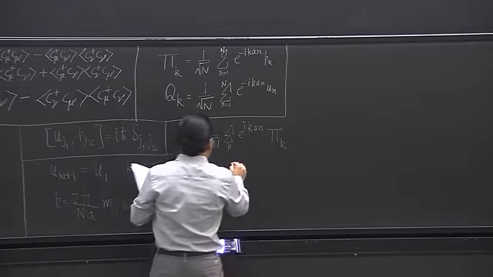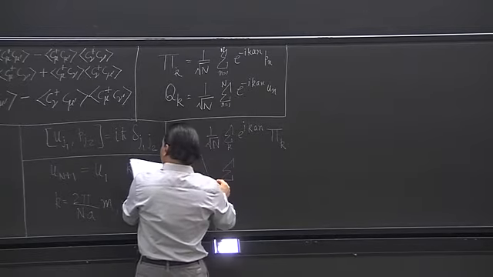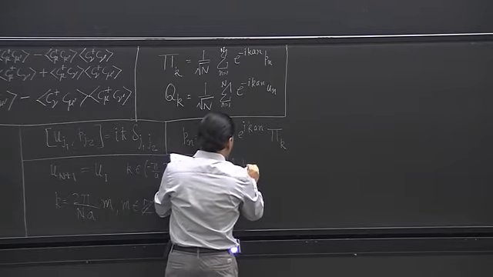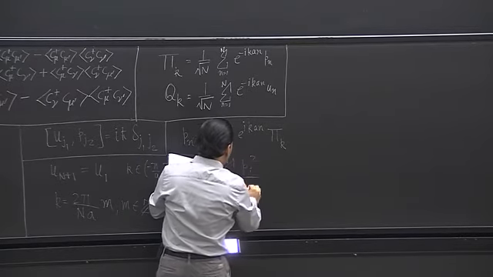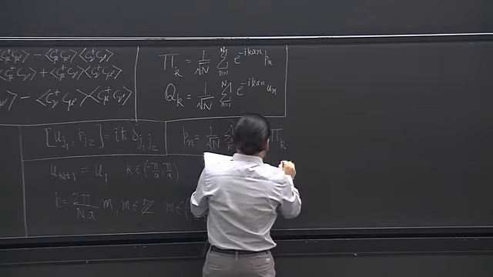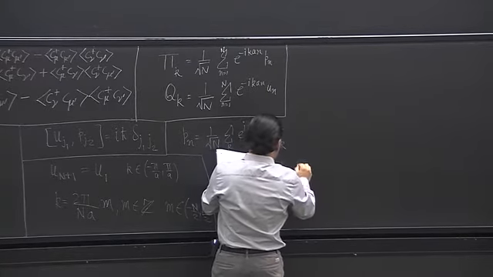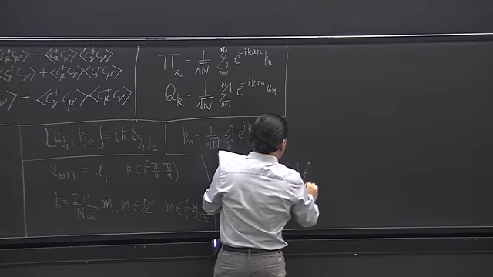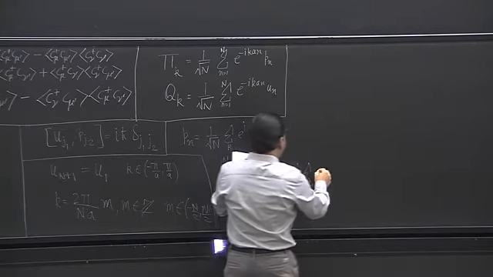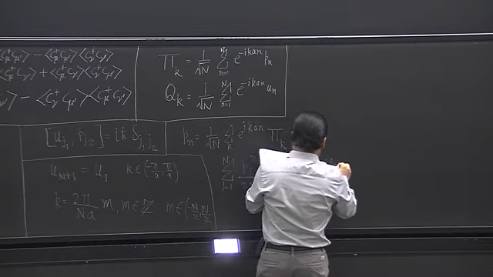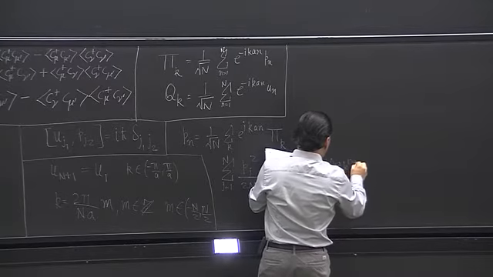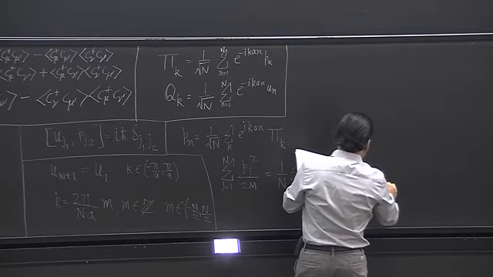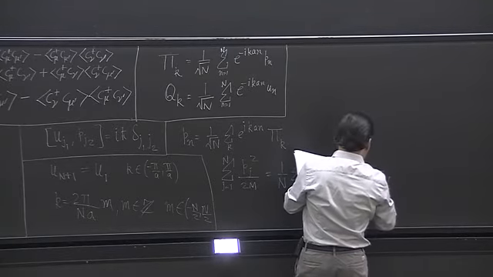Next, what I'm going to write down is this term, sum over j varies from 1 to capital N, p_j squared over 2m. This is simply 1 over capital N, sum over j, sum over k, k prime, e to the power i (k plus k prime) a j, p_k p_k prime over 2m.